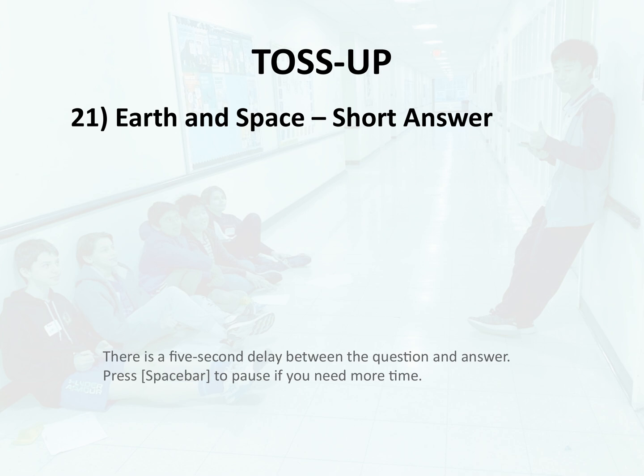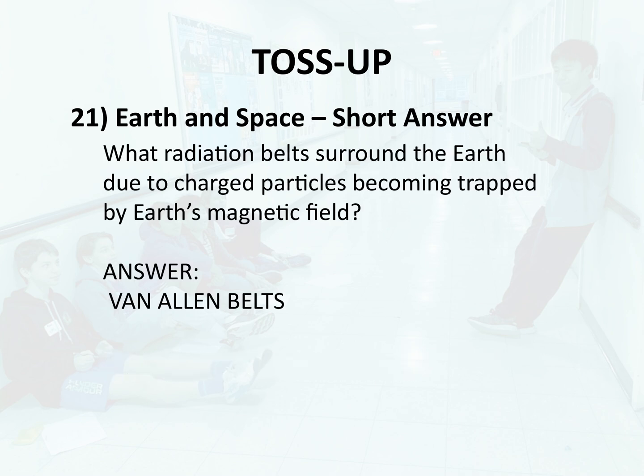Toss-up 21. Earth and space, short answer. What radiation belts surround the Earth due to charged particles becoming trapped by Earth's magnetic field? Answer: Van Allen belts.